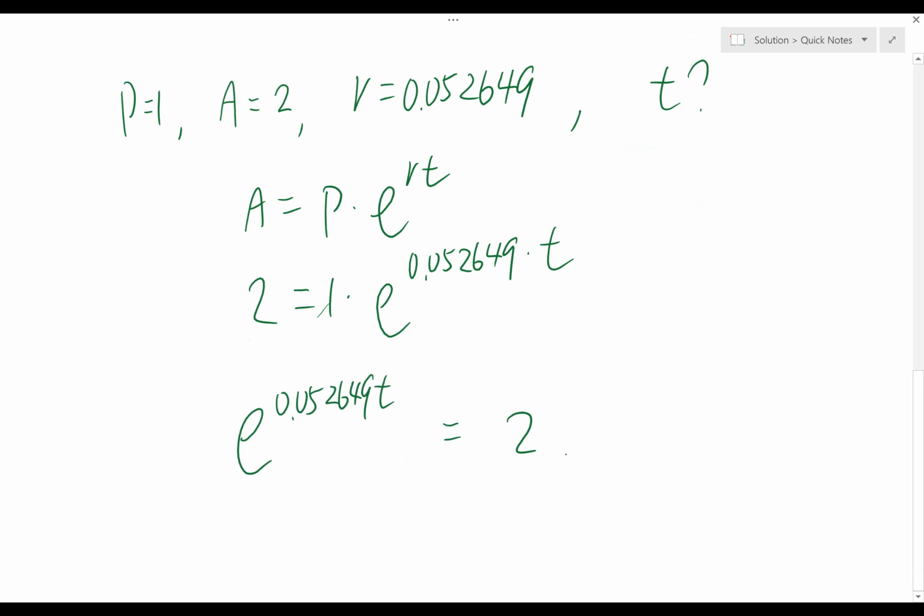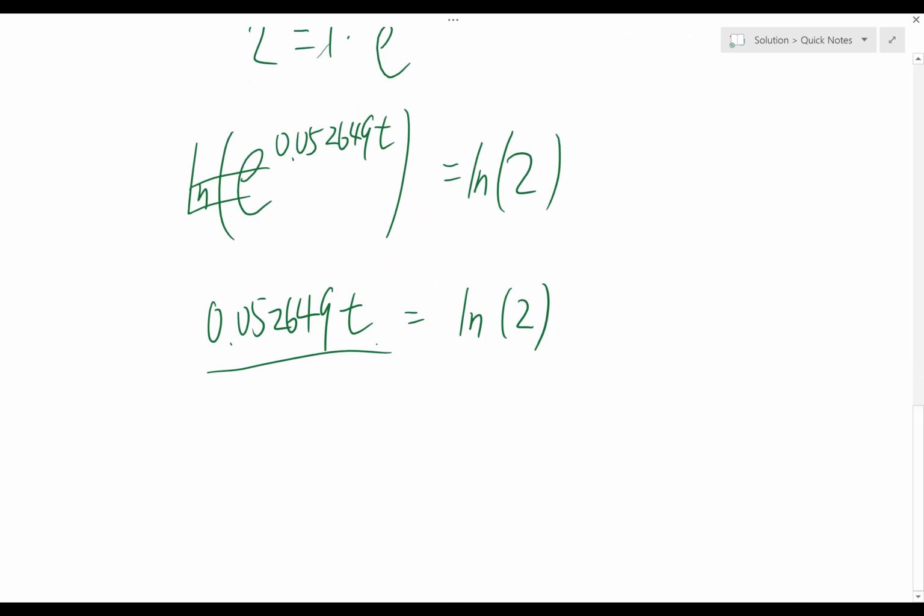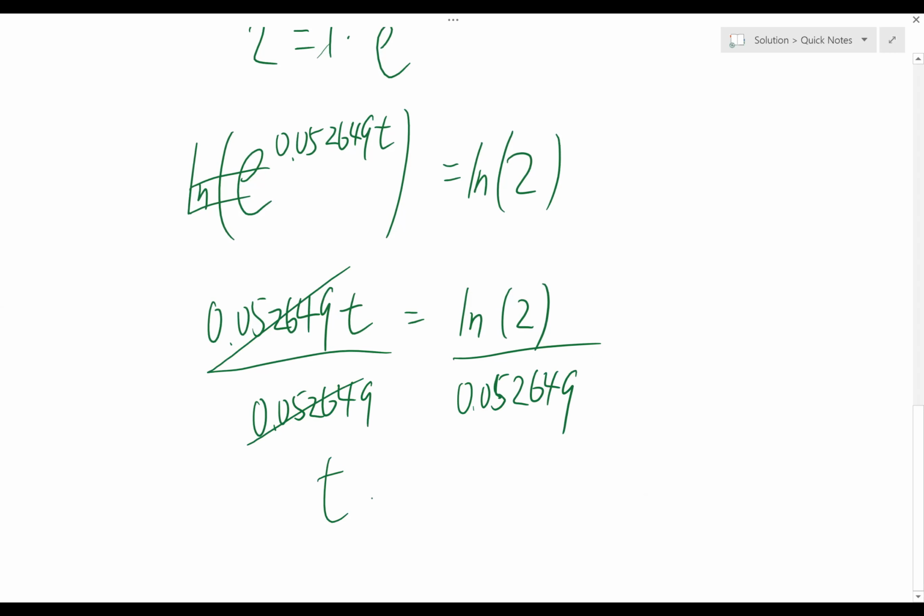From there, we take the ln of both sides: ln of 2 on the right, and simplify to get 0.052649t equals ln of 2. Now solving for time t, divide both sides of the equation by 0.052649, and t is by itself.